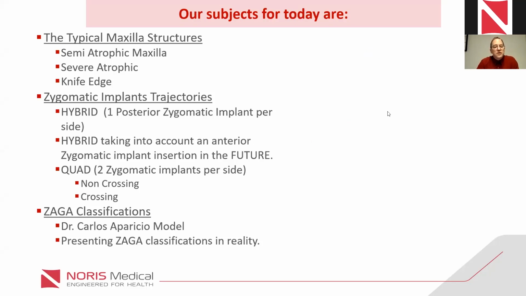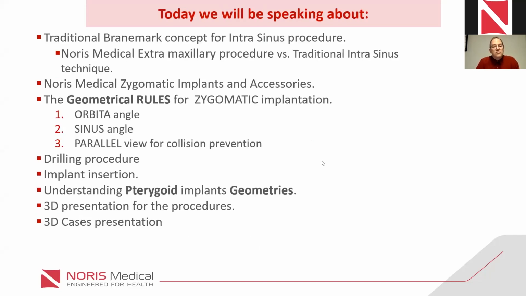Zygomatic implant trajectories, Zaga classifications, and traditional Brånemark concept versus extramaxillary technique, and the geometrical rules for the zygomatic implantation. And on this, I received some questions. Maybe we can start with that.